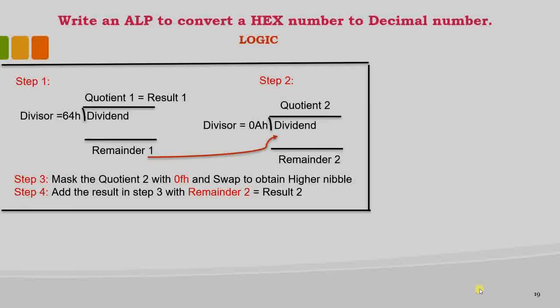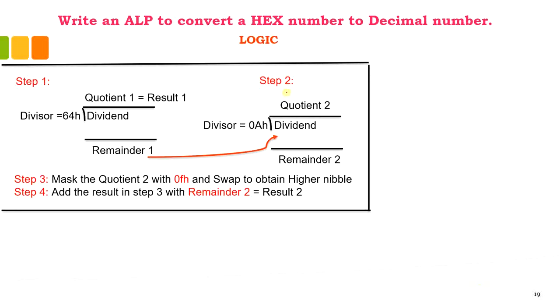So the first step is you need to divide the number. In my case, I have considered the example of FD, which is a hexadecimal number. So this is the dividend, and I need to consider the divisor. The first initial step is to divide it by 100, and the equivalent of that in hexa is 64.